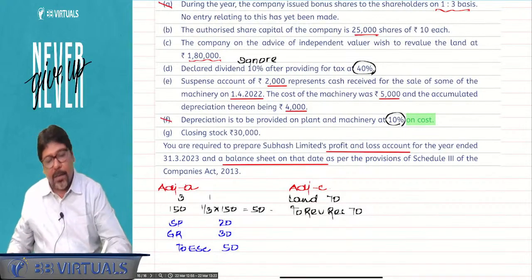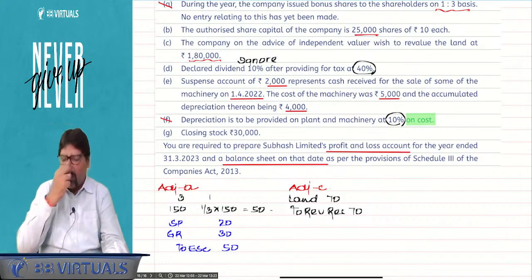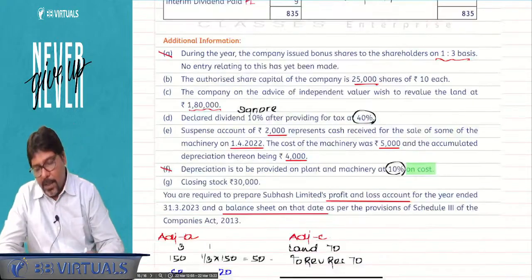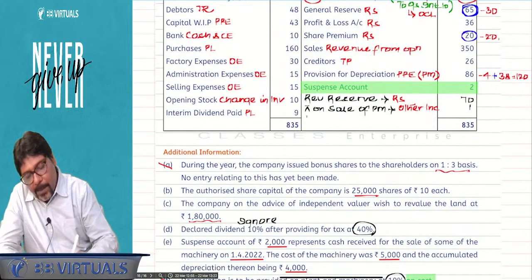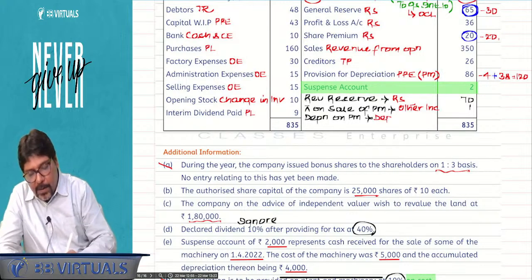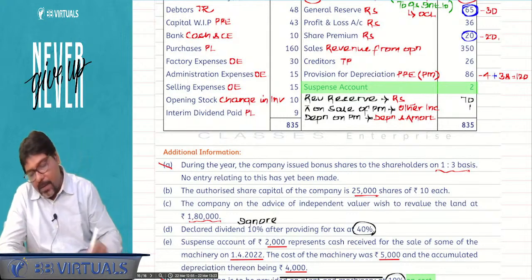So that is also done, and this is closing stock. Closing stock will come in. Now depreciation also, let me write it here. Depreciation on plant and machinery will go in PL under the head depreciation and amortization.